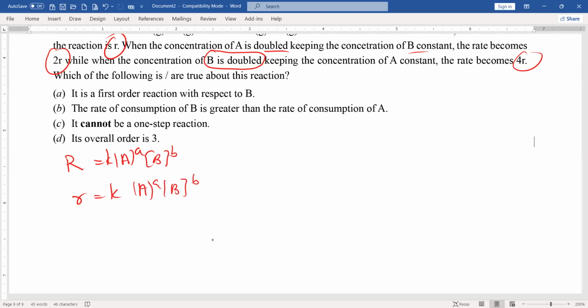They have doubled A, keeping B constant. If the new rate is R1, R1 is equal to k, 2A to the power a.